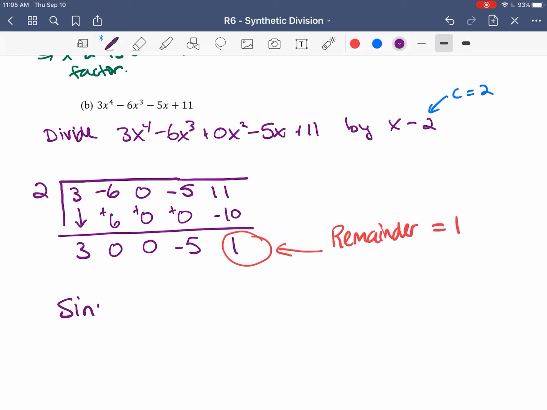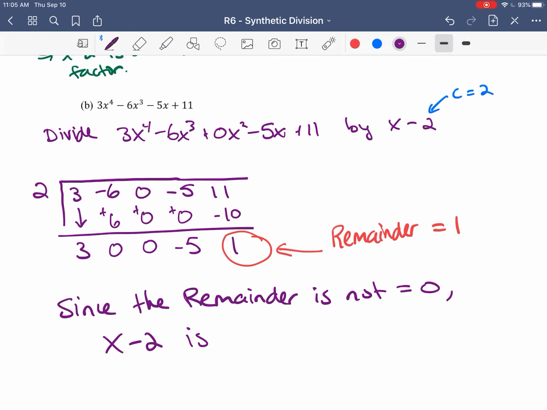Since the remainder is not equal to 0, x minus 2 is not a factor of the polynomial 3x to the 4 minus 6x cubed minus 5x plus 11.